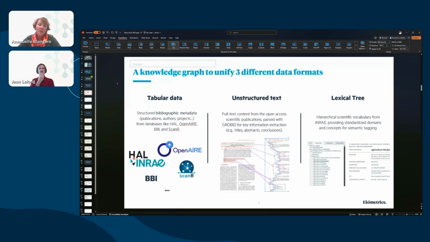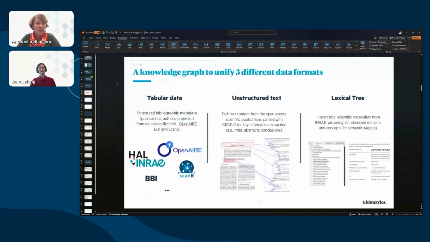We used that to unify 3 different data formats. We had a lot of tabular data about the publications: who published it, when, in what journal, and all the information around the publications. We also had information about the funding, the projects, the institutions, lots of different tables around all this.